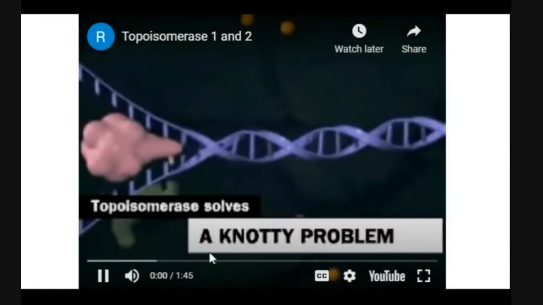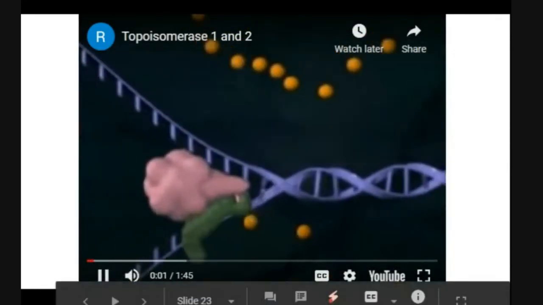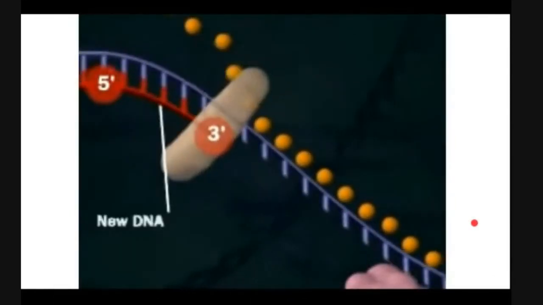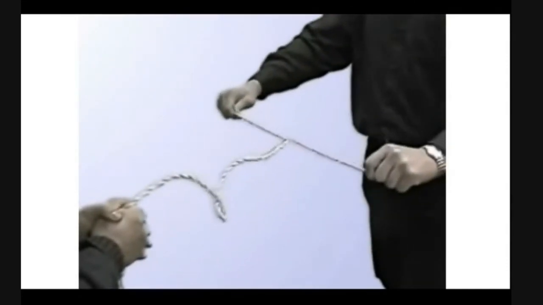Let's consider what happens as DNA unwinds during replication. As DNA unwinds, it acts like this rope when we pull apart its two strands. As you pull the strands apart, twisting tension builds up in the rest of the coiled portion. It is actually adding one twist to the remaining rope for each twist pulled out of it. At some point, you can't separate the strands anymore. The remaining rope is too tightly twisted.